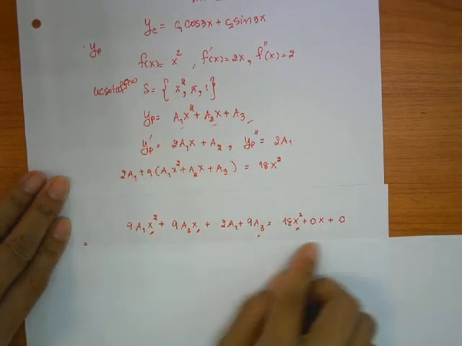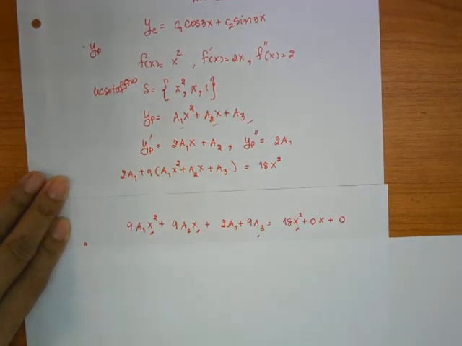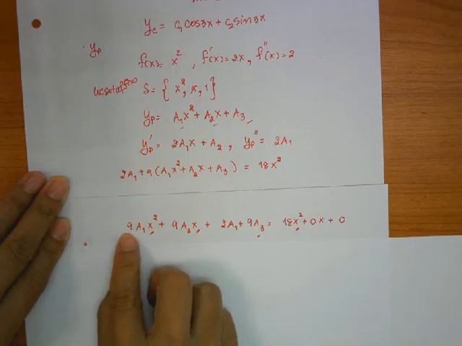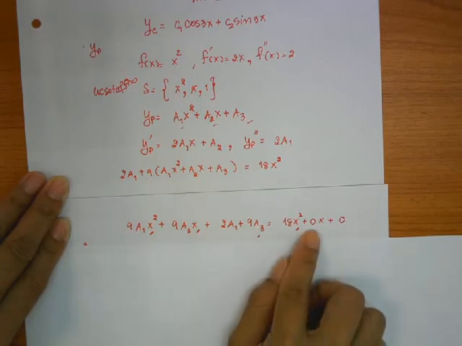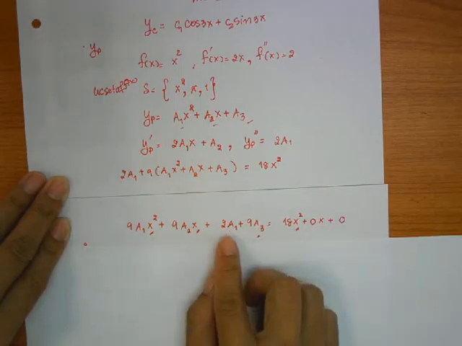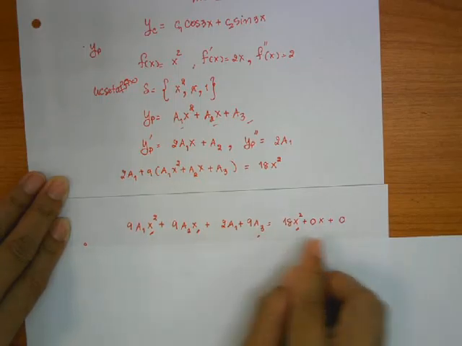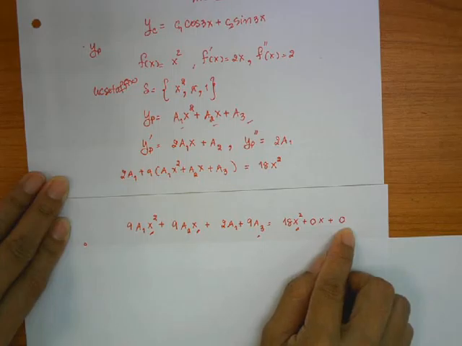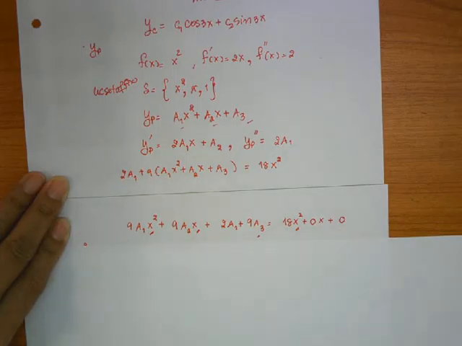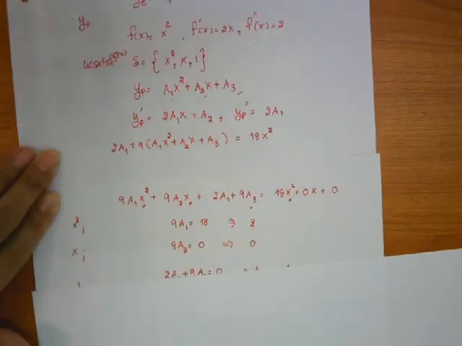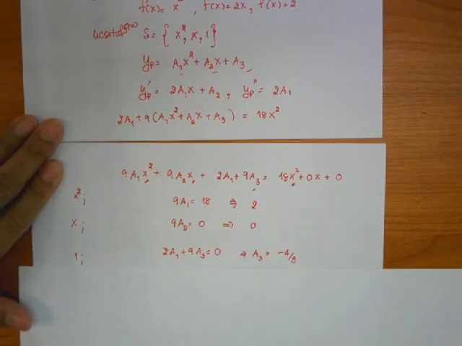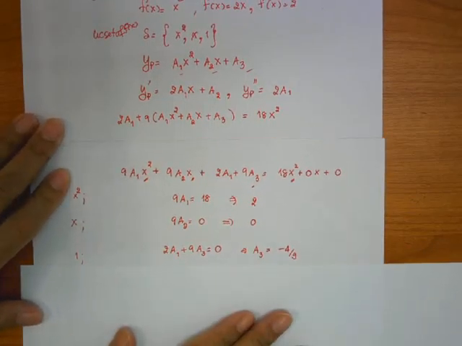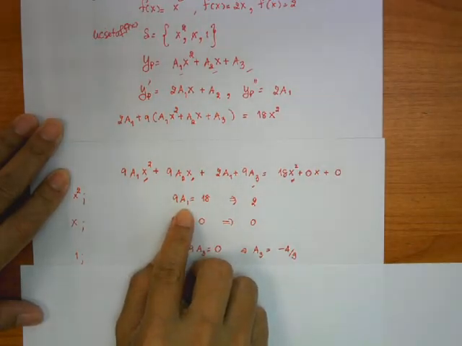If this whole thing is true, then 9a1 should be equal to 18, 9a2 should be equal to 0, and 2a1 plus 9a3 should be equal to 0, by comparing the coefficients. From this, we can get the value of a1, right?